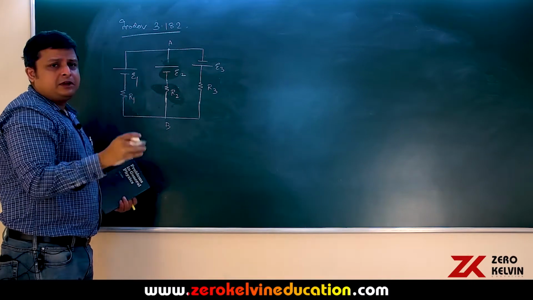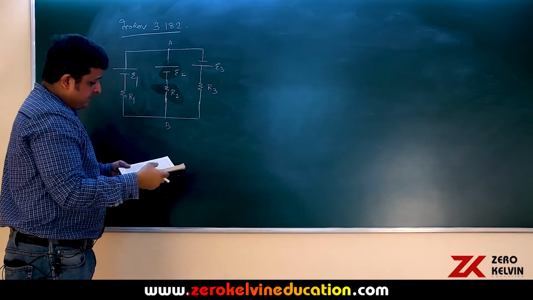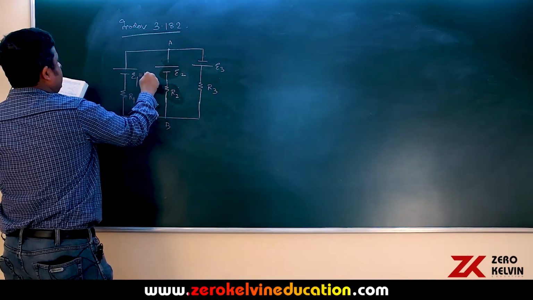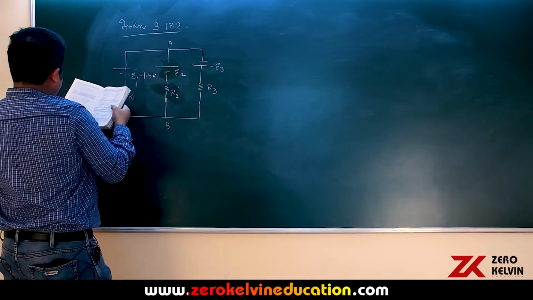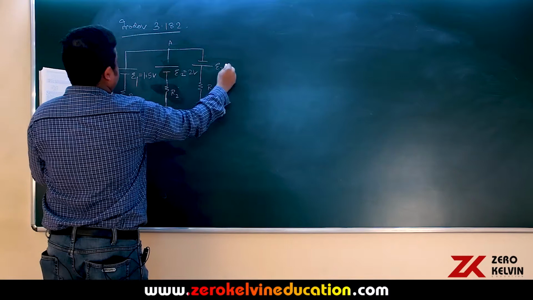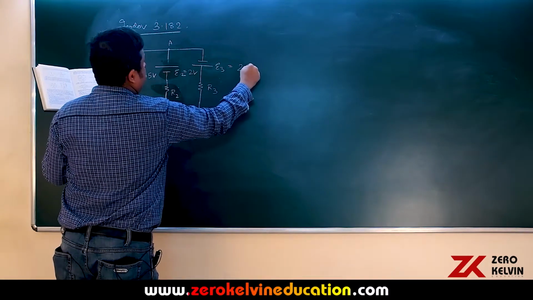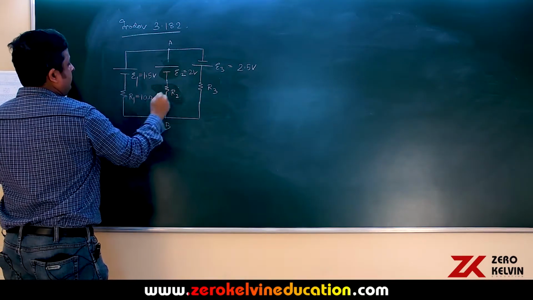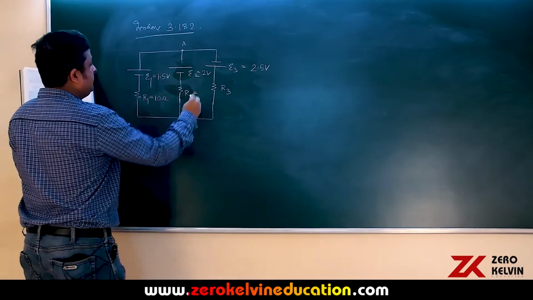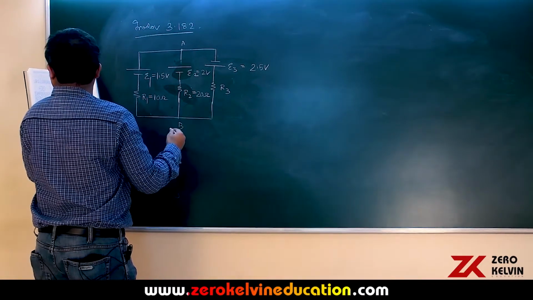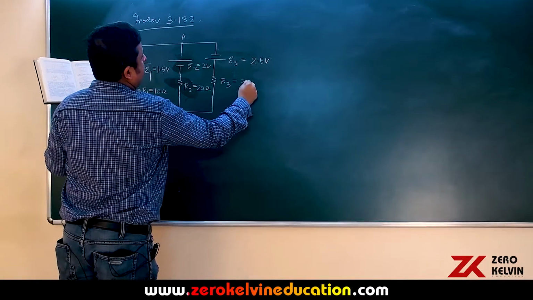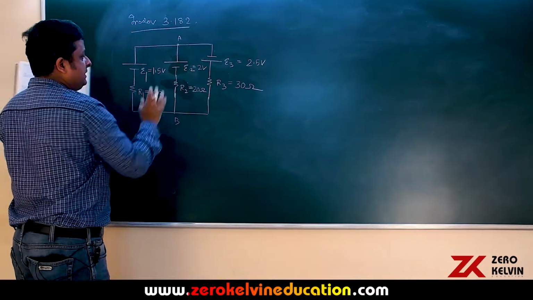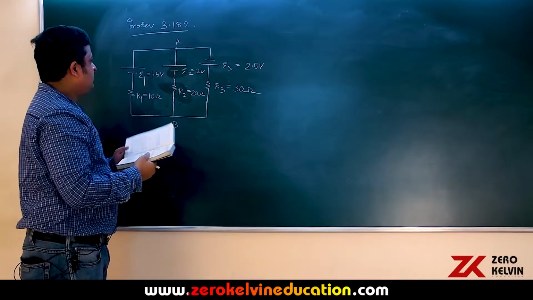First let me write the values: E1 is 1.5 volt, E2 is 2 volt, E3 is 2.5 volt, R1 is 10 ohm, R2 is 20 ohm and R3 is 30 ohm. We have swapped the positions of the resistor and the battery. That can be done, that makes no difference.